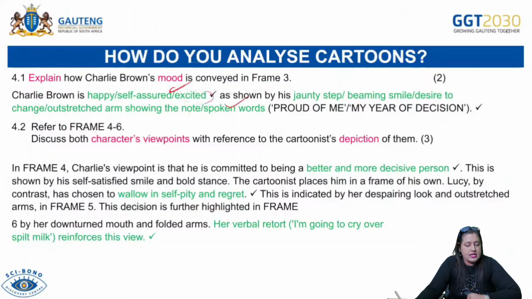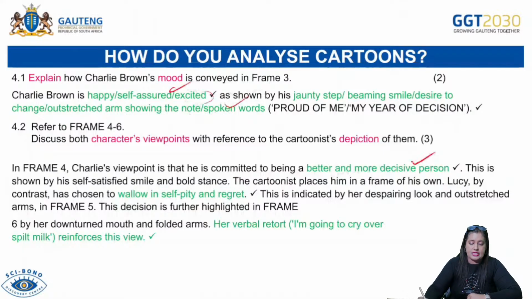Frame 4 to 6, discuss both characters' viewpoints with reference to the cartoonist's depiction of them. In frame 4, Charlie's viewpoint is that he is committed to being a better and more decisive person. It's shown by his self-satisfied smile and bold stance. The cartoonist places him in a frame on his own.